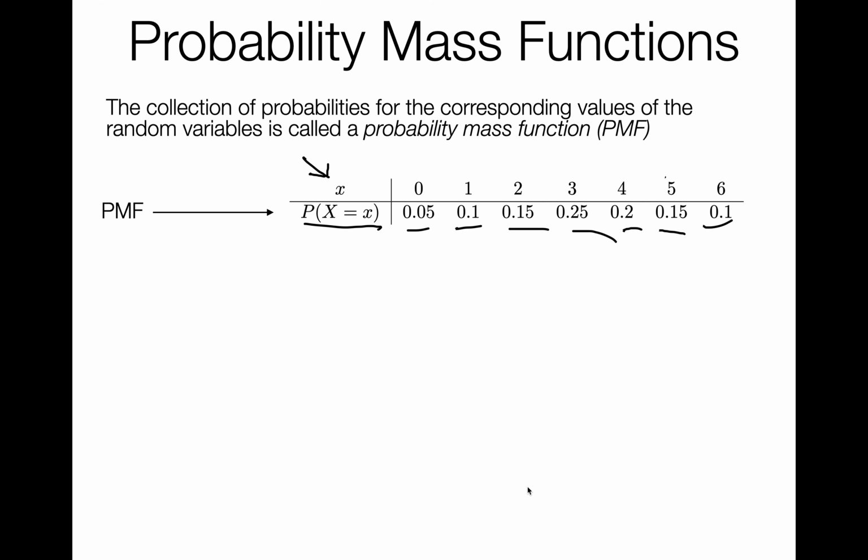It's called a probability mass function because it follows a physical idea of probability, that at each outcome of the random variable, we place essentially a point mass at that outcome.